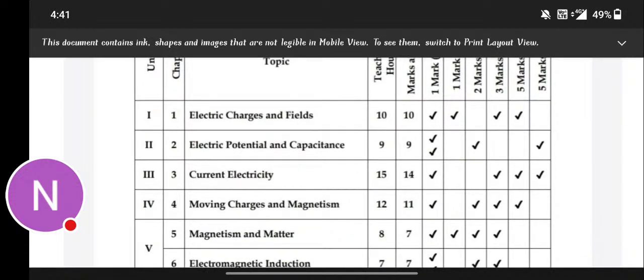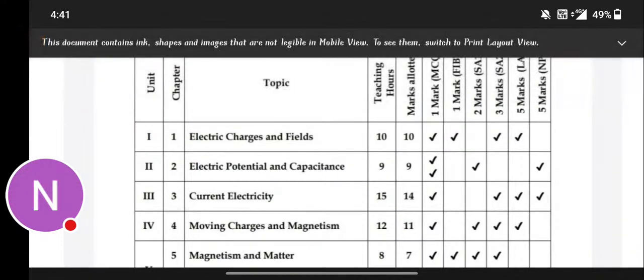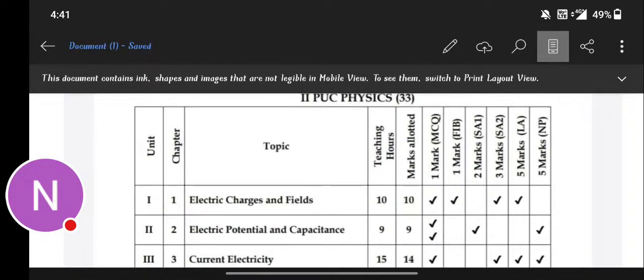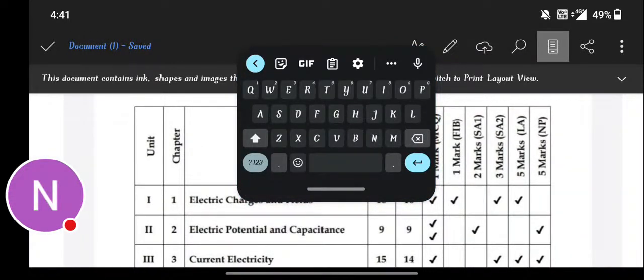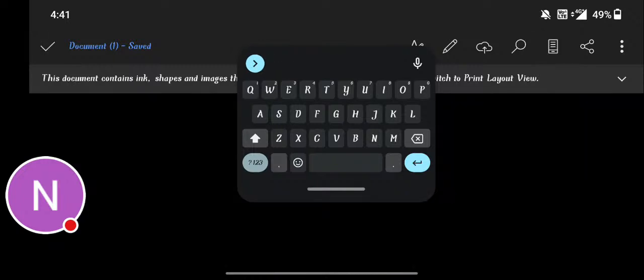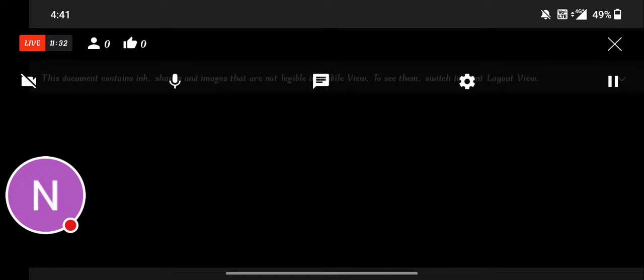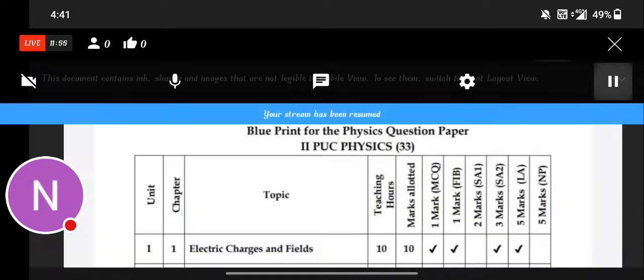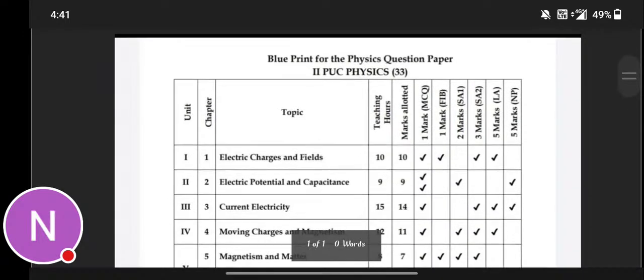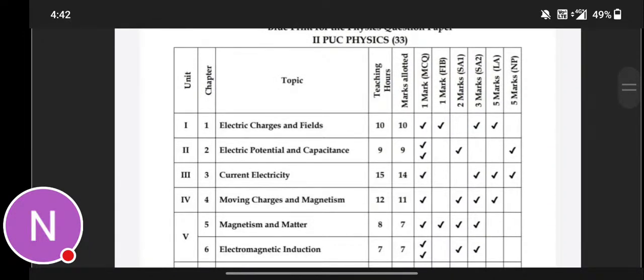As you know, the passing marks in this, it is 21 marks in the writing.